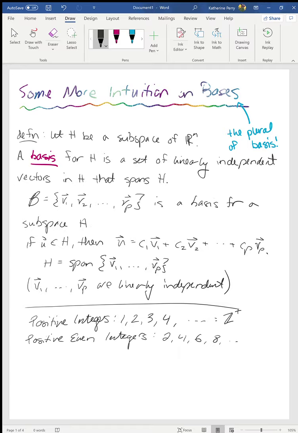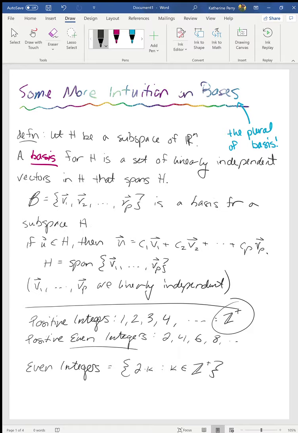Okay, so let's say that I have this nice symbol for positive integers. Let's say I want to describe this set of even integers. And so one way to do this would be to say that even integers are equal to the set 2 times k, such that k is an element in this set of positive integers.